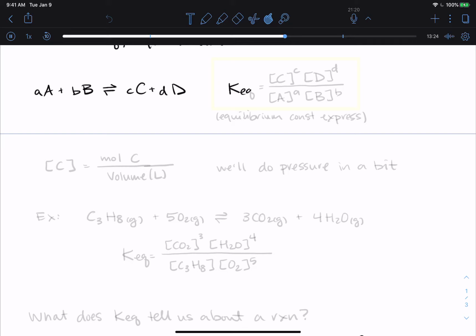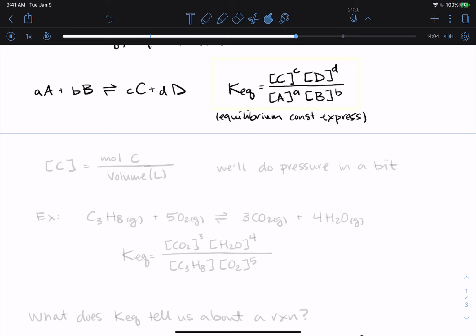The equilibrium constant expression. So when I ask you for an equilibrium constant expression, this is what I'm asking for, is equal to, well, it's products over reactants, but it is the concentration of compound C to the little c power times the concentration of compound D to the little d power divided by concentration of A to the little a times concentration of B to the little b.